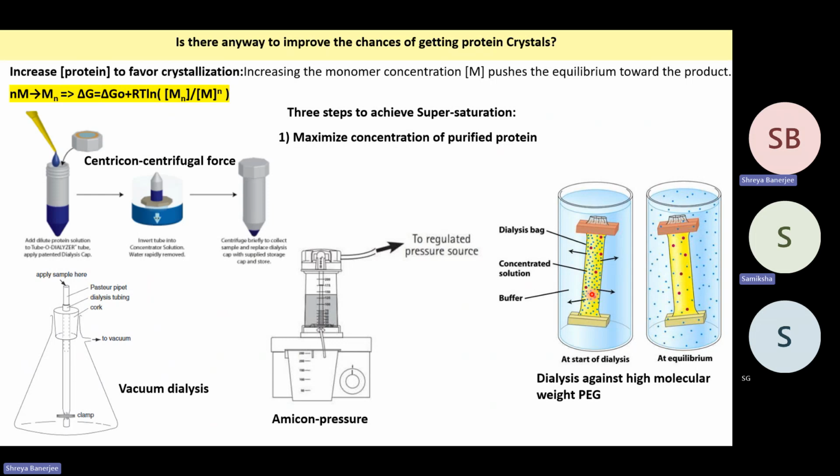So basically, here the large red molecules are the proteins, and the small blue molecules are the precipitating agent. Initially the precipitating agent concentration is too high, and the dialysis membrane is a semi-permeable membrane, so it allows the diffusion of the precipitating agent, but it will not allow the protein to diffuse because it is a large molecule.